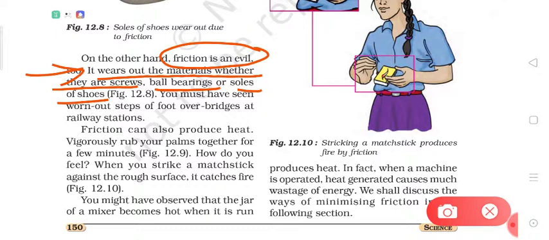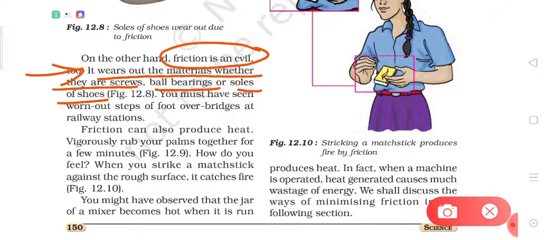After some time your shoe soles get smooth, and friction between the soles and the floor is very little, and there is a chance of slipping over the floor, right?